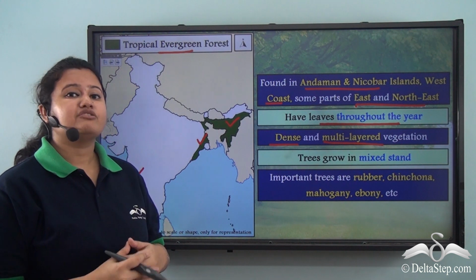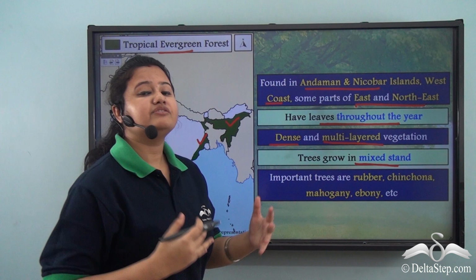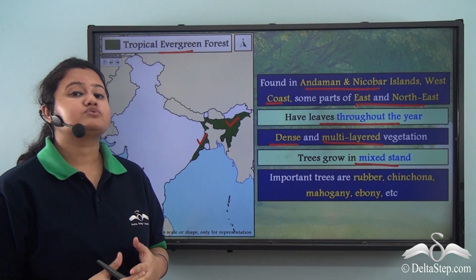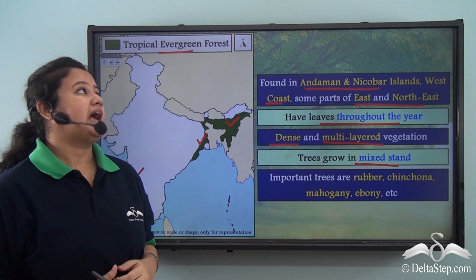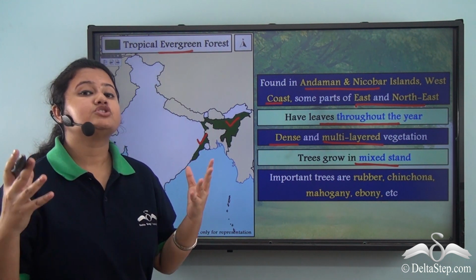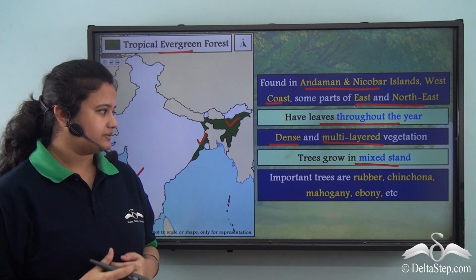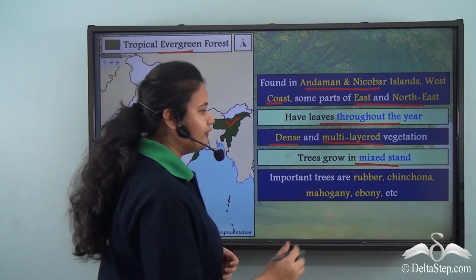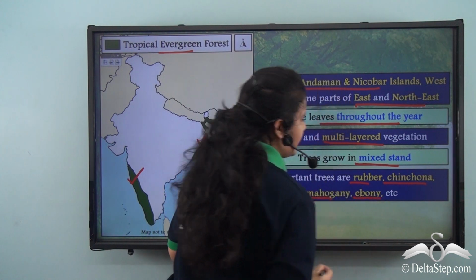Also, the trees found here grow in mixed stand, that is, different varieties of plant species grow together, and therefore it becomes almost impossible to identify a particular plant species, and thus tropical rainforests are almost impossible to exploit, and thus they are commercially unimportant. The important trees of these rainforests are rubber, cinchona, mahogany, ebony, etc.